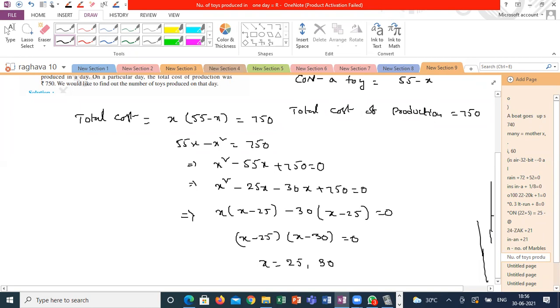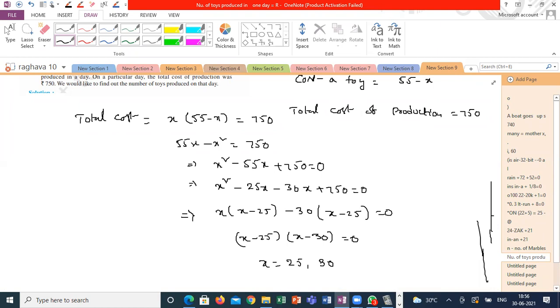What is the meaning of this, guys? If x is equal to 25, what does it mean? If they produce 25 toys in a day, the cost of each toy is 30 rupees. If they are producing 30 toys in a single day, the cost of each toy is 25 rupees.